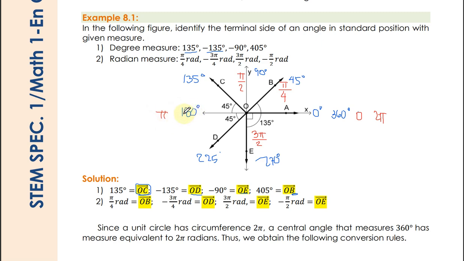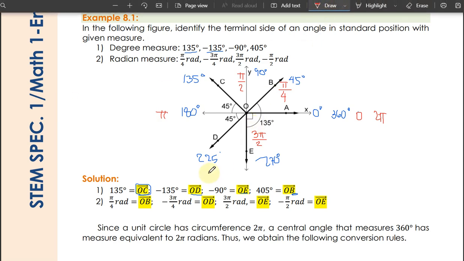So if you're given degrees, for example, we have 90 degrees. In converting that, you can multiply it by pi over 180 or you can use 2 pi over 360.